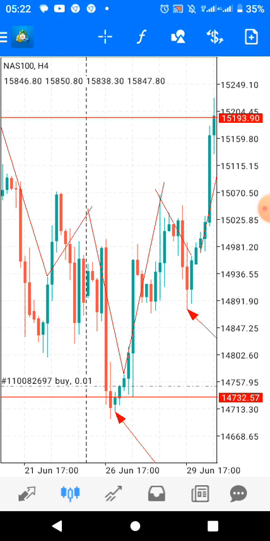And most of the time, when they reach the level, they manipulate the price, or they stop hunt. You must bear in mind that every time they reach a certain level, they're going to manipulate the price and hit the stops. You must wait for them to hit the stops first before you enter the market.